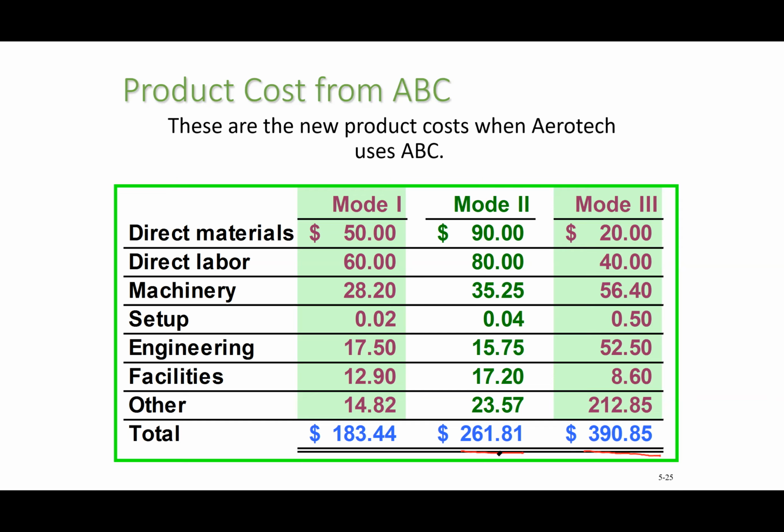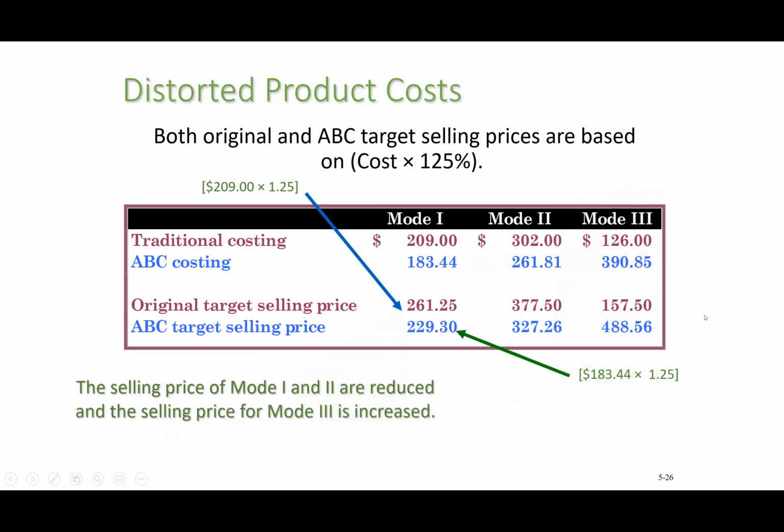So altogether, you can see the traditional costing is a little different from the ABC costing. So for traditional costing, you got this for Model 1, 2, and 3. But for the ABC costing, this will be Model 1, 2, and 3.